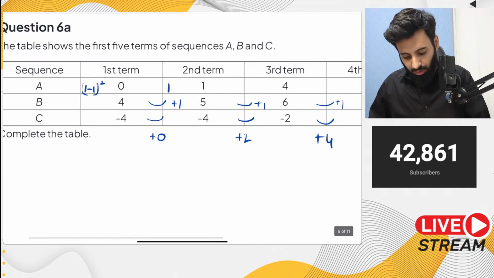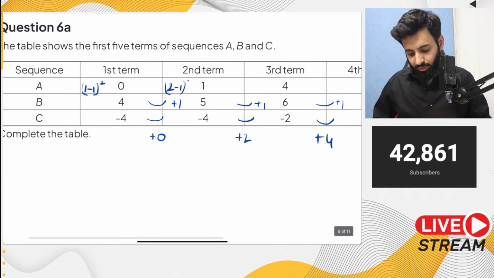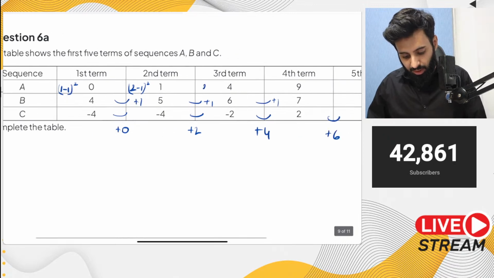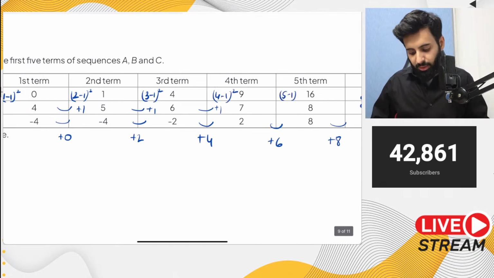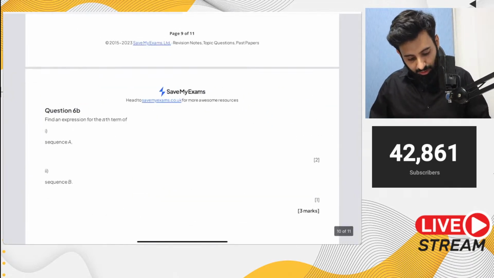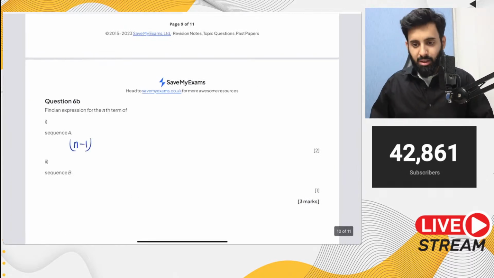This is 2 minus 1 squared. This is 3 minus 1 squared. This is 4 minus 1 squared. And this is 5 minus 1 squared. So the general term would basically be n minus 1 squared. Okay. So what we are squaring is always 1 less than the term.